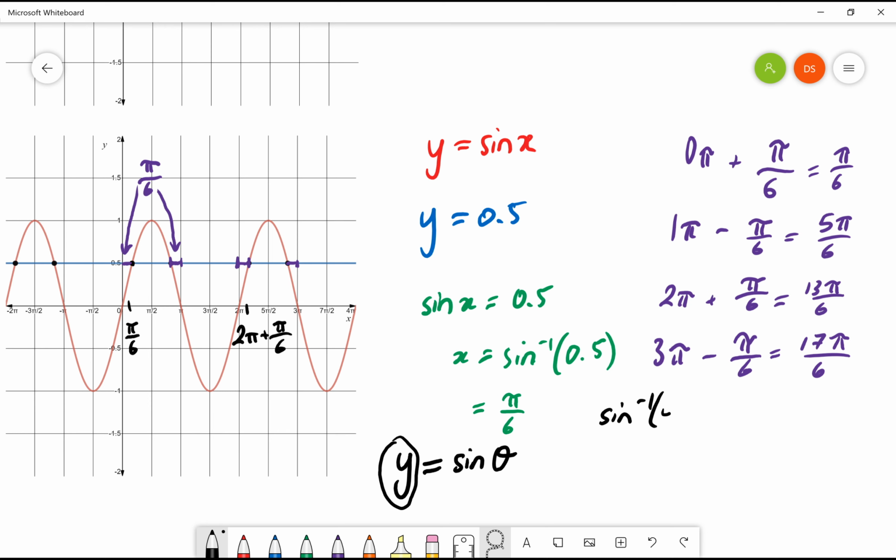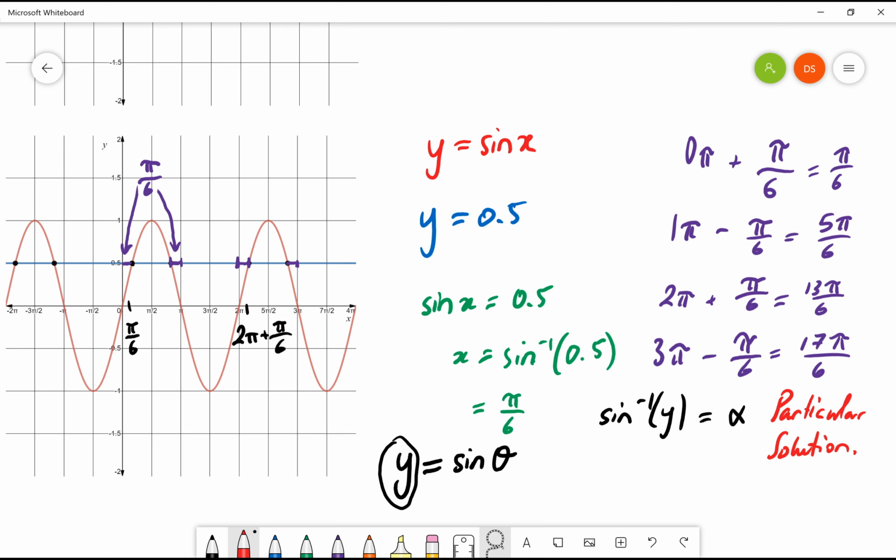the sine inverse of y, I'm going to call alpha. And we're going to call this alpha the particular solution. Okay, it's a solution that we're looking at the moment. It's the first solution. It's what we get out of a calculator.